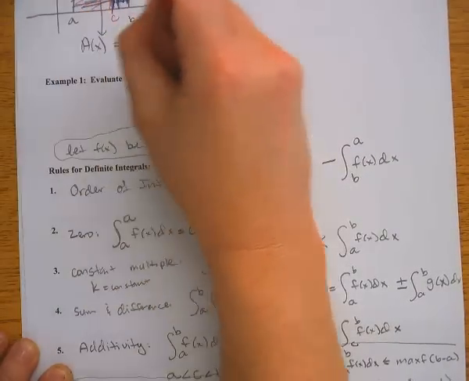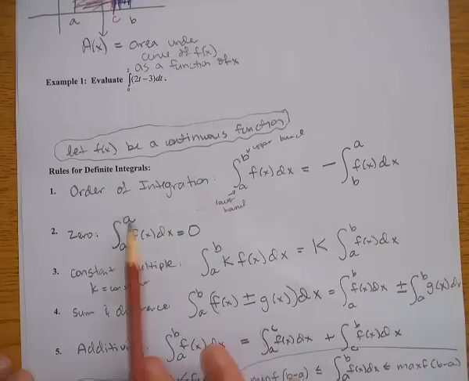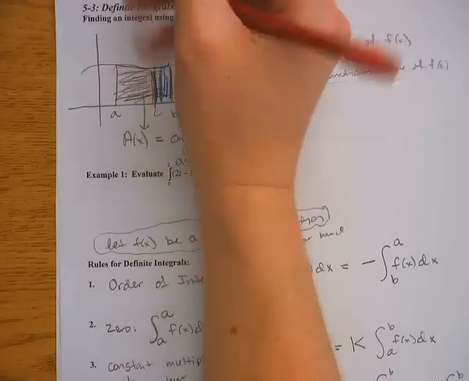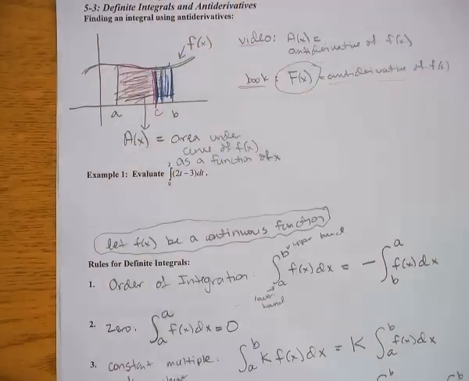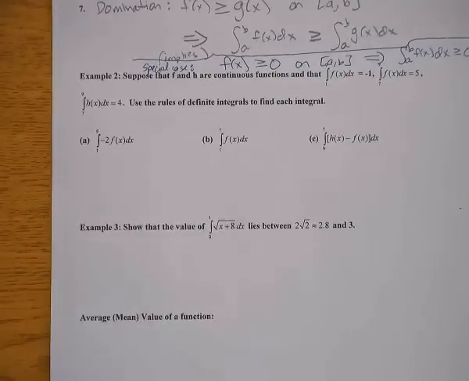Sorry, sometimes I leave out the details because I forget. But it's important that we understand that this is true when the function that we're talking about is nice, smooth, and connected. Okay, so back to the problem at hand.